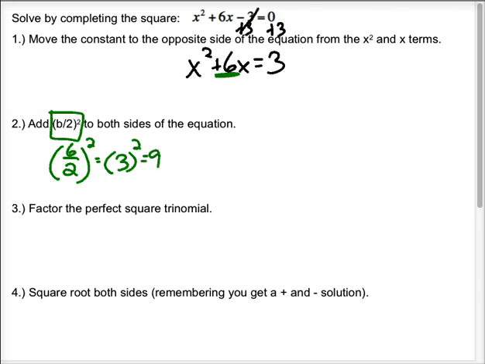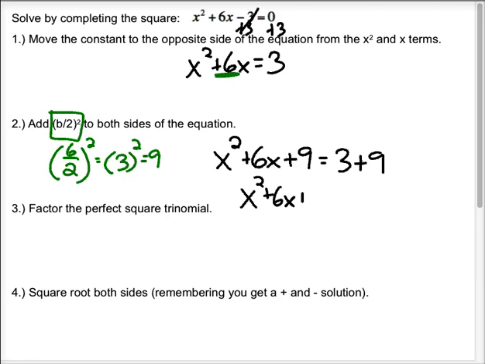So that special term I'm going to be adding to both sides is 9. So let's take a look at this. X squared plus 6x plus 9 equals 3 plus 9. So I add it to both sides. Let's clean that up.